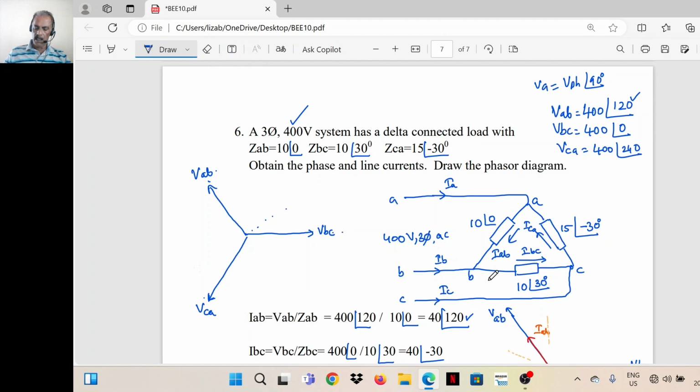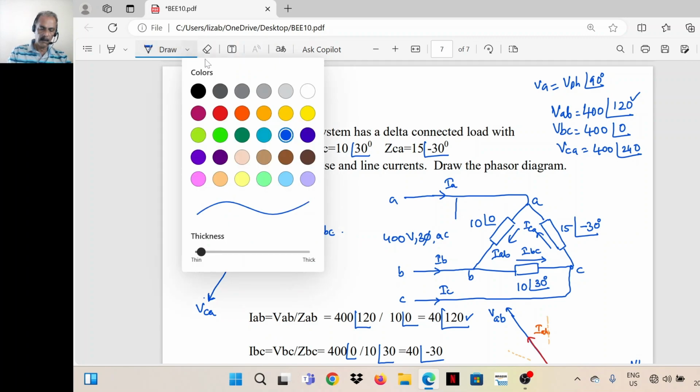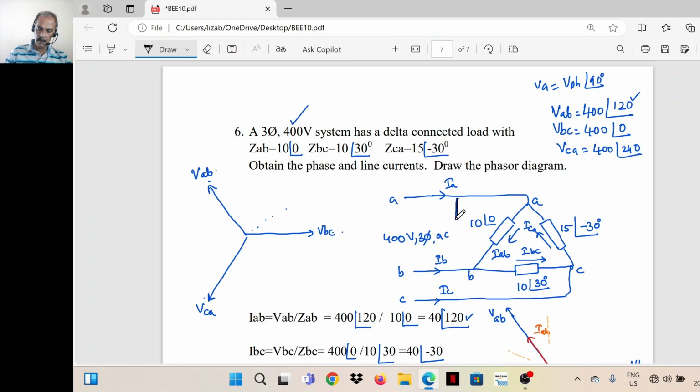Now, the current IBC. I mark this as VAB, and this is VBC.